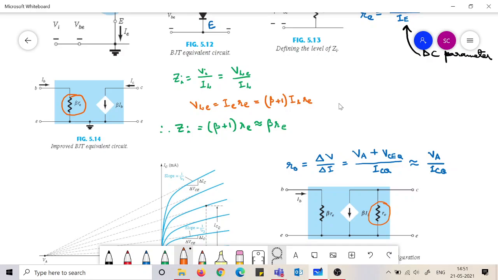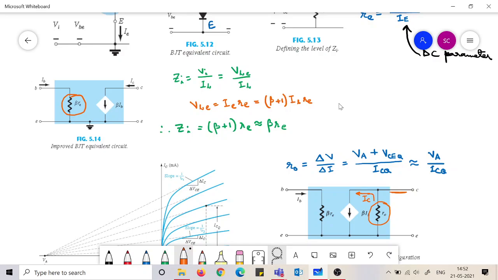Why in parallel? You may ask the question, why in parallel? Note that the current IC is flowing in this place. This current cannot come in this branch. There is no current in this branch because there is nothing connecting these 2 points. These 2 points are open. So the current is flowing in this branch, like this.